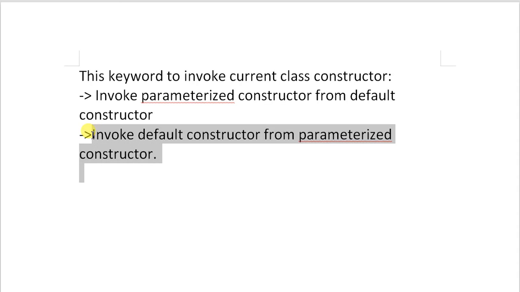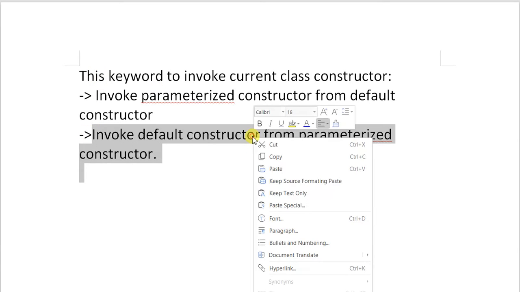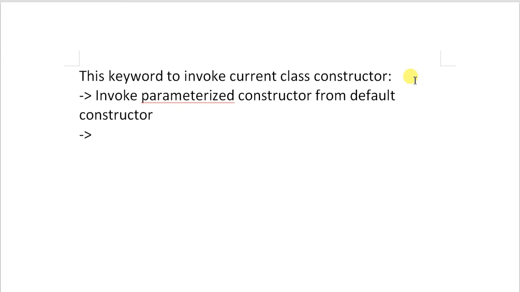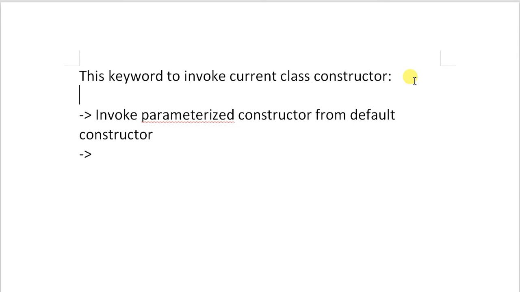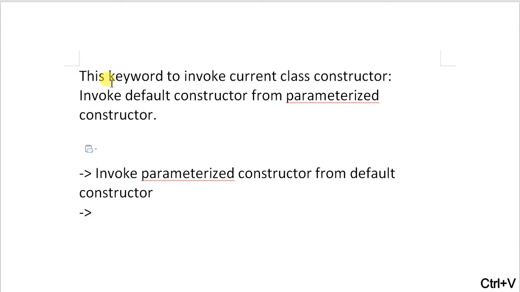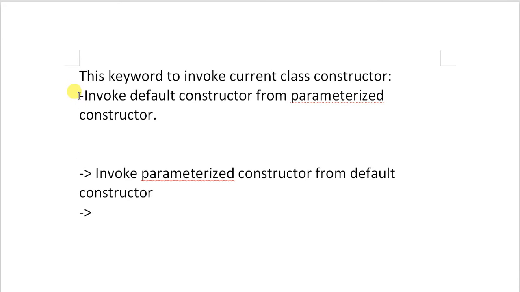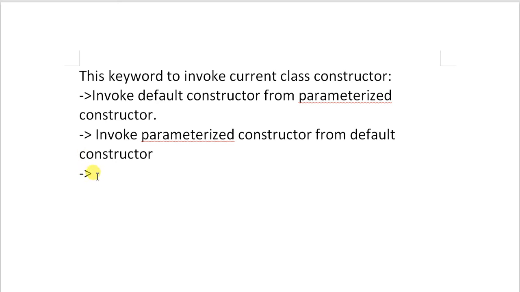So let us do one thing, I will cut this and paste it in the first place. Yes, this is the first scenario we need to check, and this is the second scenario.